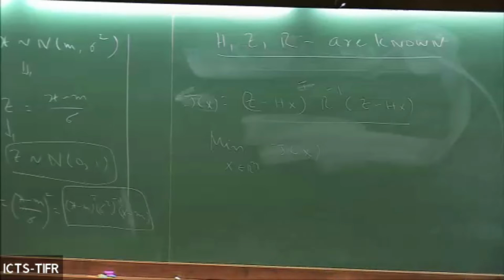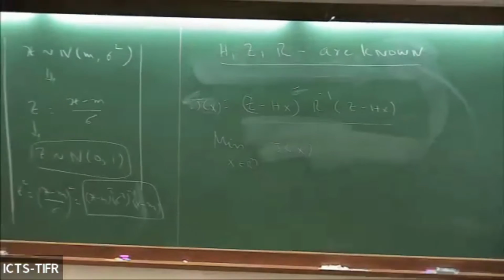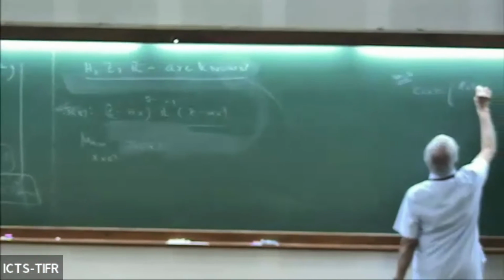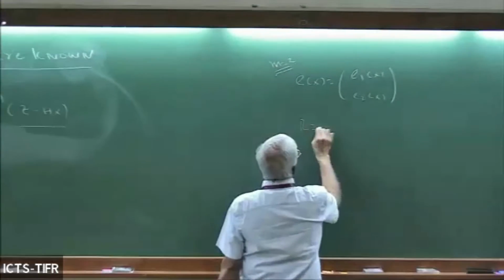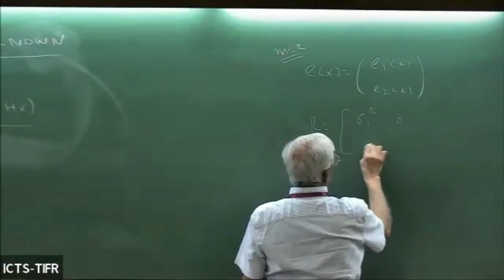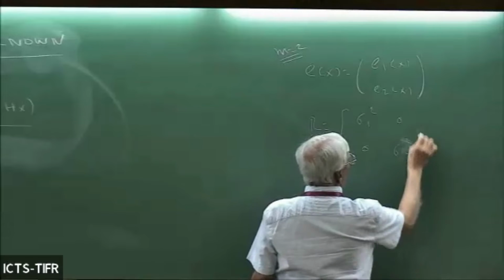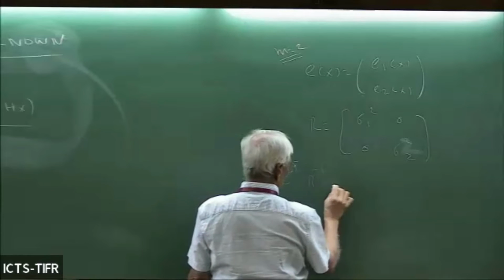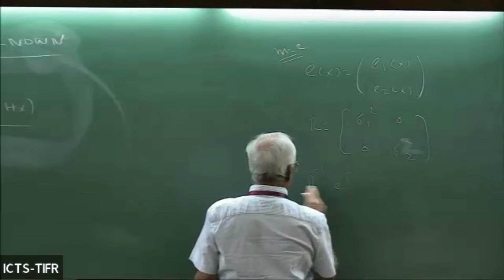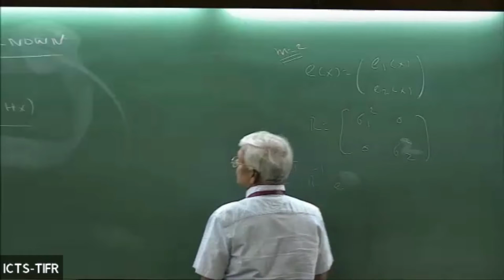I want to show you an example. Let's assume the case of m equal to 2, just for the fun of it. So E of x is equal to E1 of x and E2 of x. Let R be equal to the diagonal matrix with sigma 1 squared, 0, 0, sigma 2 squared. I want you to understand E transpose R inverse E, that's exactly this.